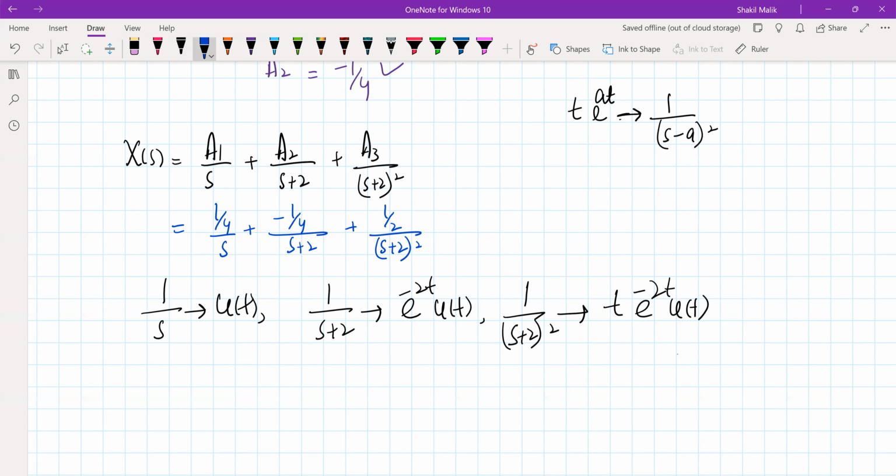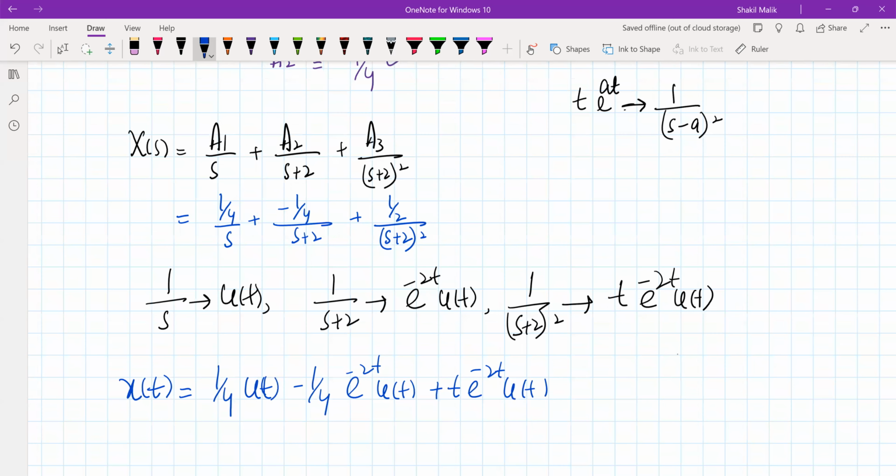So writing the inverse Laplace transform, x of t will be simply equal to 1 by 4 u of t minus 1 by 4 e to the power of minus 2t u of t plus t times e to the power of minus 2t u of t.